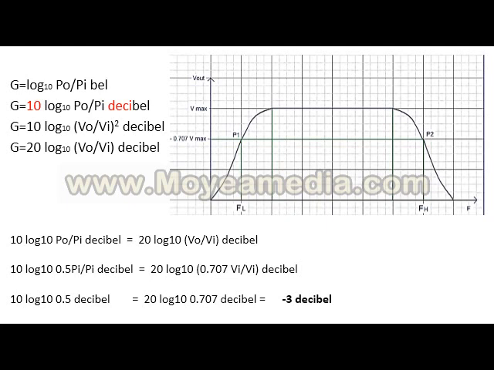From that point you will get the lower cutoff frequency and upper cutoff frequency. Lower cutoff frequency is expressed as F1 or FL. Upper cutoff frequency is expressed as F2 or FH. The difference between lower cutoff frequency and upper cutoff frequency gives the bandwidth of this RC coupled amplifier.